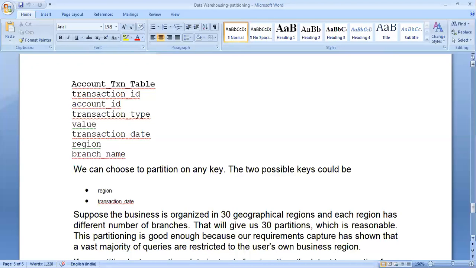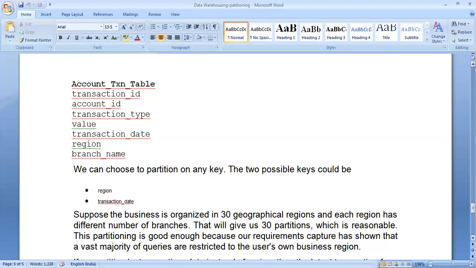Then he would request the data warehouse for a certain query, and if the data warehouse is partitioned as per region, then the query can be processed in a much more efficient way rather than scanning all of the data warehouse. By choosing a particular key, for example state equals Uttar Pradesh, the query can be processed in less time in comparison to scanning the whole data warehouse.